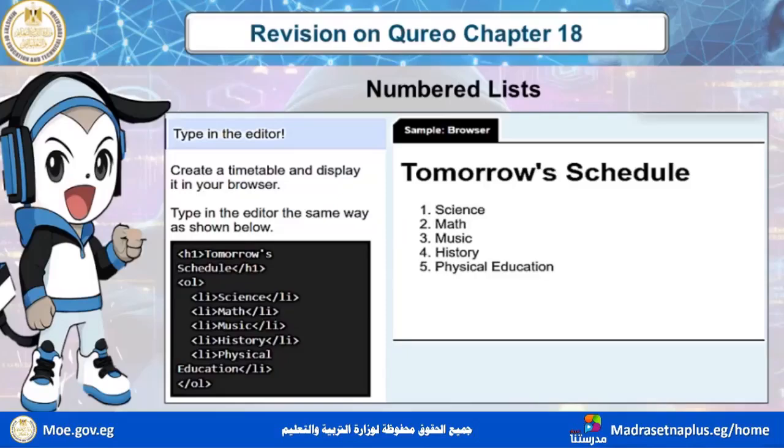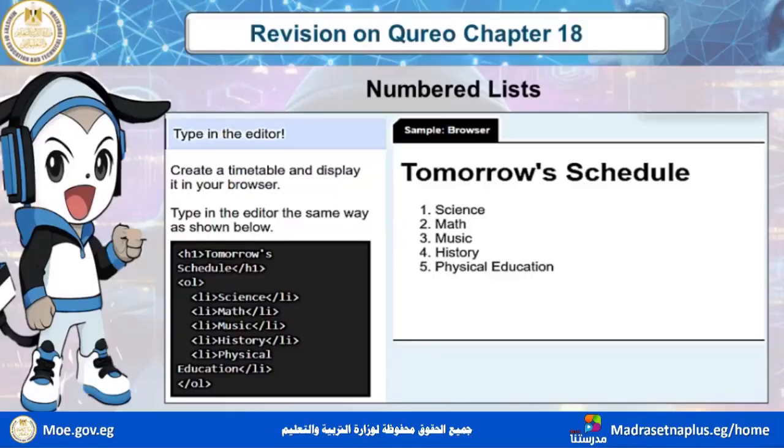We have to type in the editor the same way as shown below. We have to start also with a heading, tomorrow's schedule, between the tag H1 and the closing tag /H1.